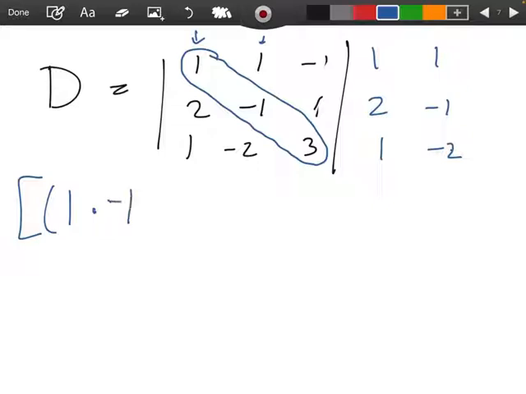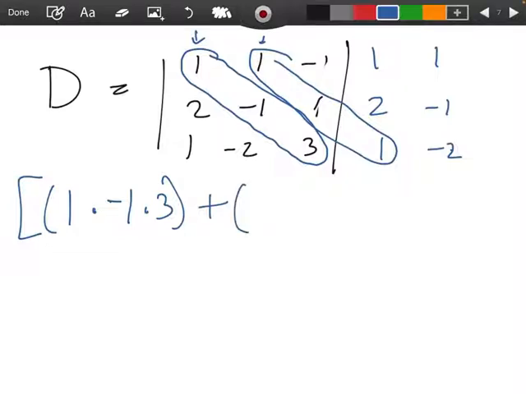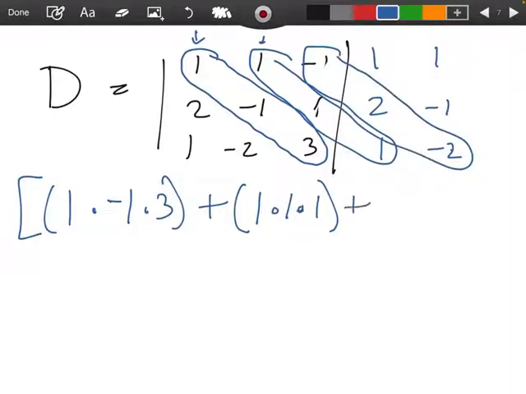So 1 times -1 times 3, plus I'm now going to go along this diagonal. So I have a 1 times 1 times 1, okay? And then I'm going to go along this diagonal, which is a -1 times 2 times -2, okay?